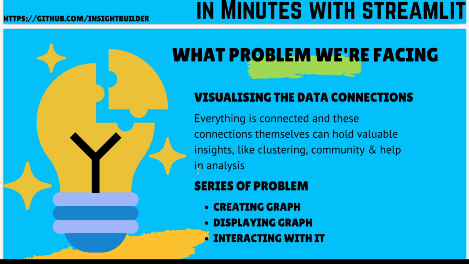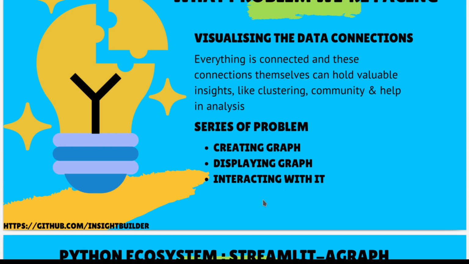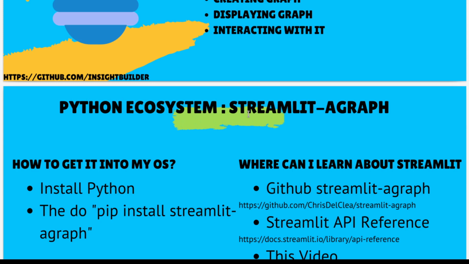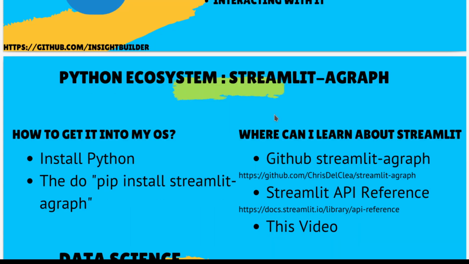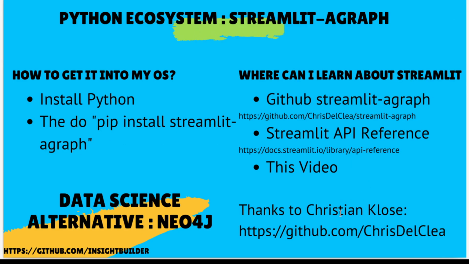And why is it becoming easy? Because there is something called Streamlit Agraph. This was one of the plugins, I should say one of the additional components of the Streamlit library, created by Christian Claus. So a huge shout out to Christian Claus, and you can find out more about him on github.com, his link here.